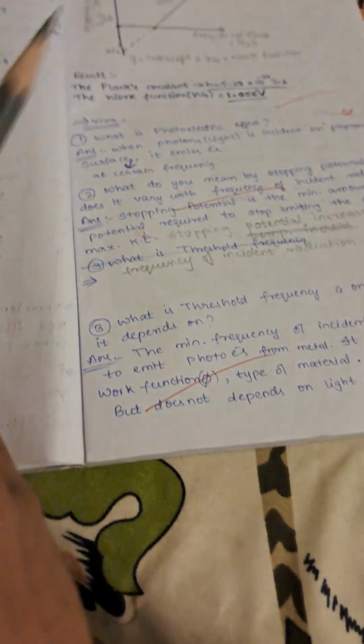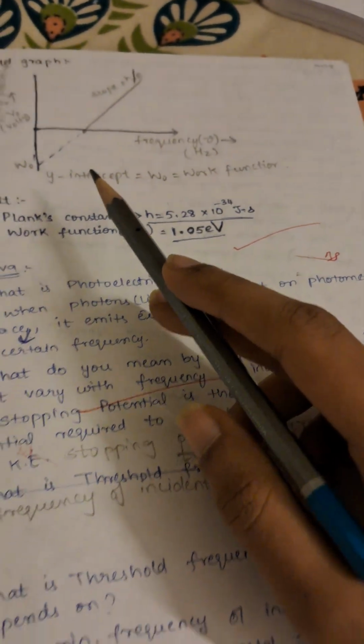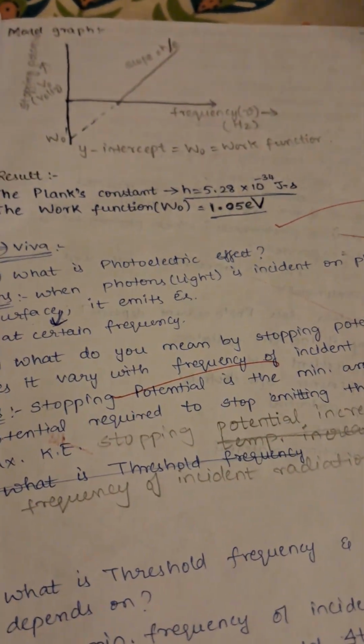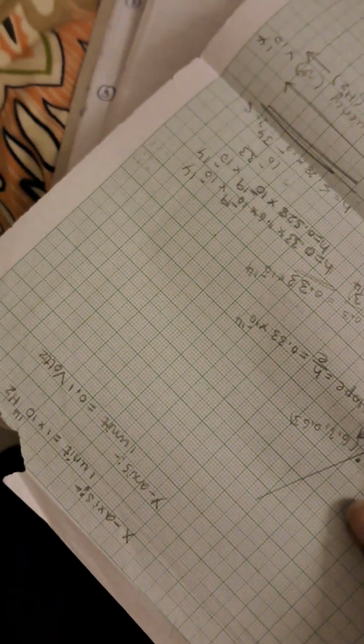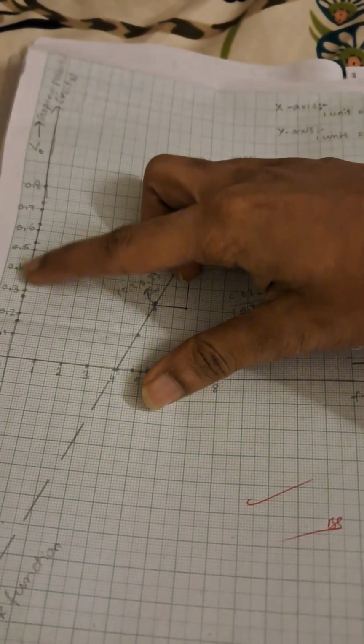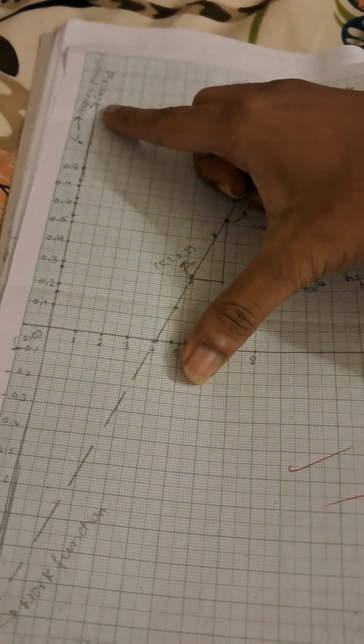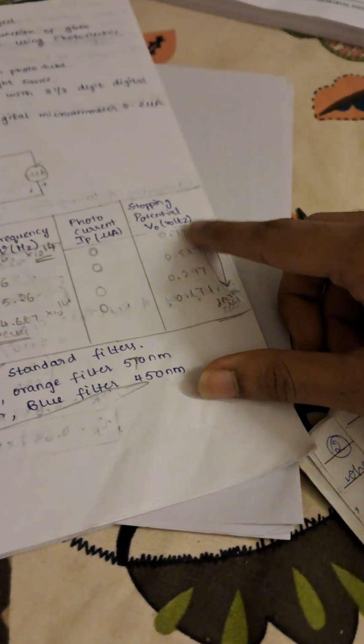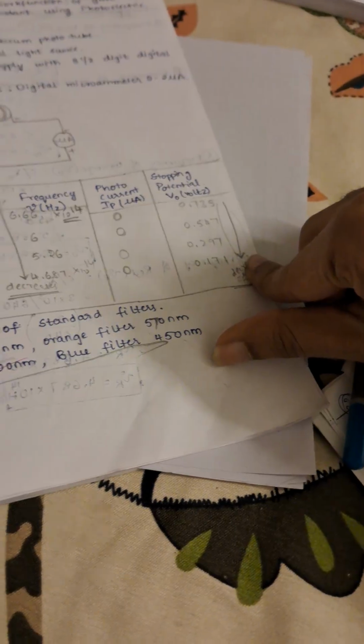That's it. After that you plot a graph. While plotting a graph, this should be the stopping potential values. Here we have all the stopping potentials that we will find from the experiment.